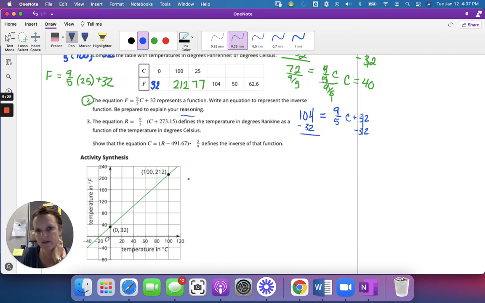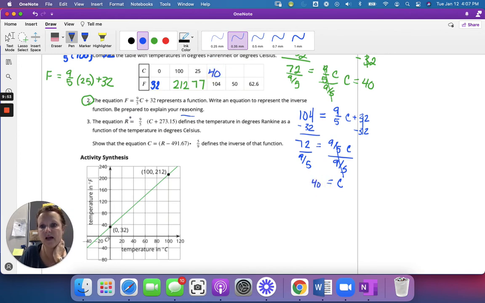I can't rewind the video to see where I left off, so it's just not as easy as the program I've used in the past. Now I'm going to divide by 9/5 on both sides, and I get C equals 72 divided by 9/5, 40. So 40 goes right here.